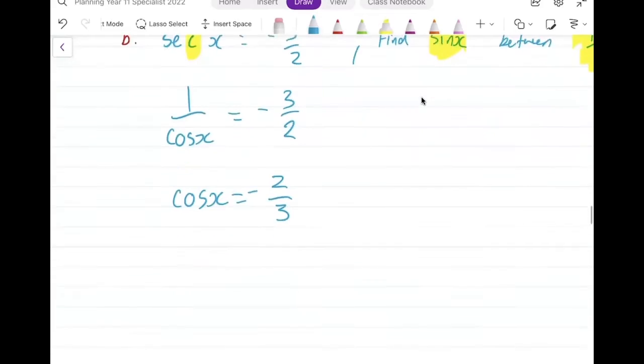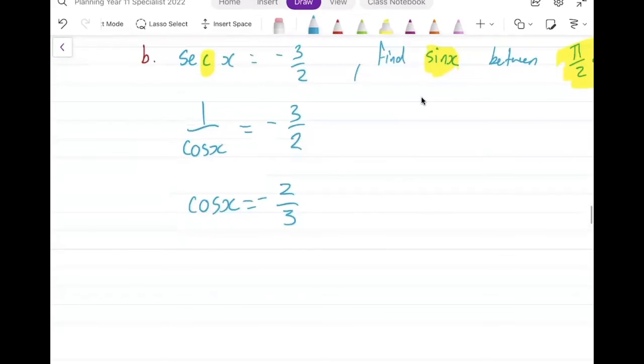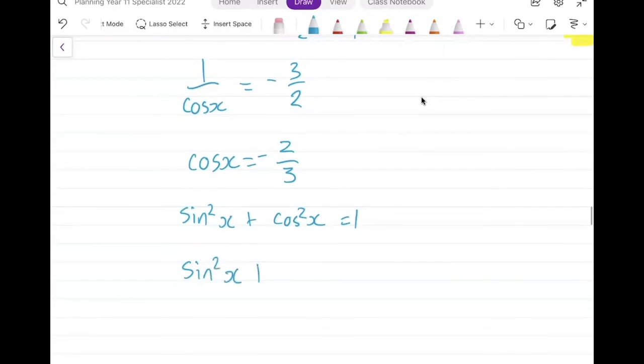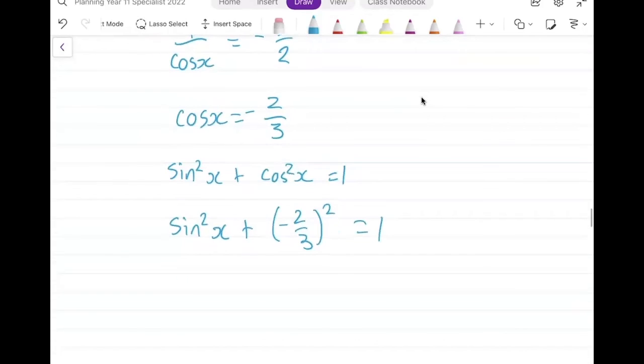-2/3. Again, using my identity, I'm going to wind up with sine squared x plus cos squared x equals 1, which becomes sine squared x plus (-2/3) squared equals 1. Again, subtracting that from both sides, I get sine squared x is equal to 1 minus 4/9.